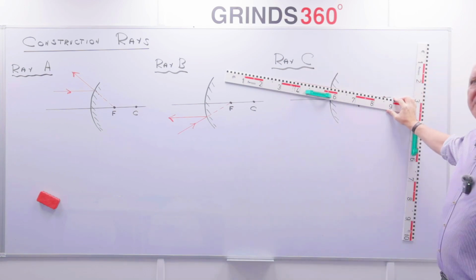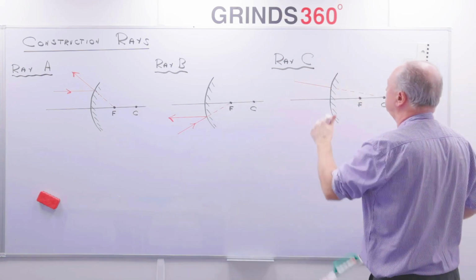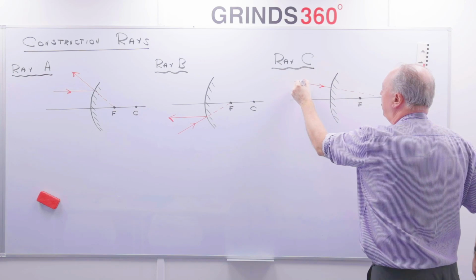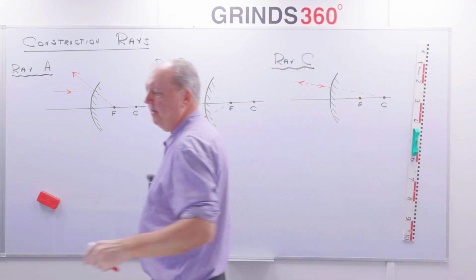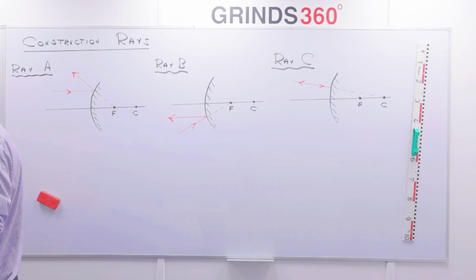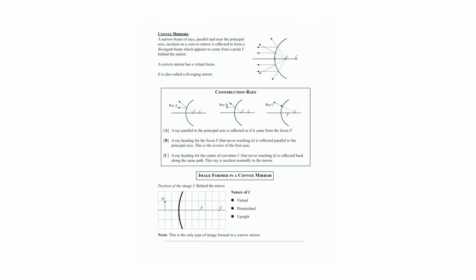And what happens to that ray of light? That ray of light will bounce back along its own path. So there they are, my three construction rays. These are all explained very well in your notes. Ray A, Ray B, and Ray C.